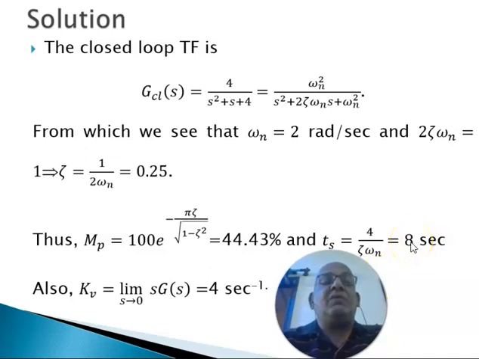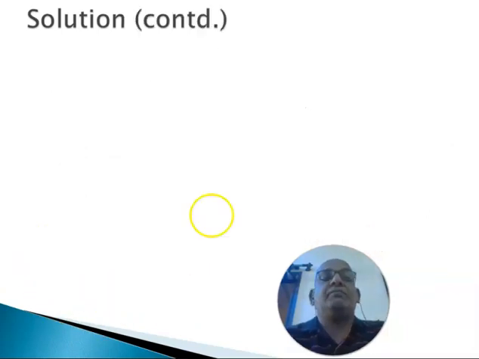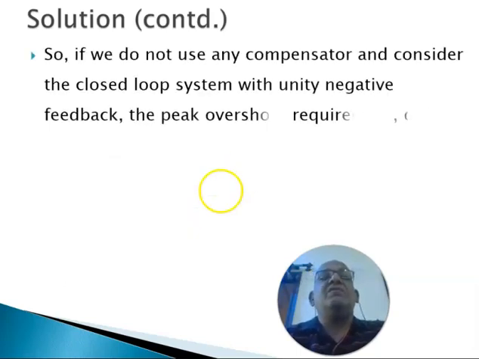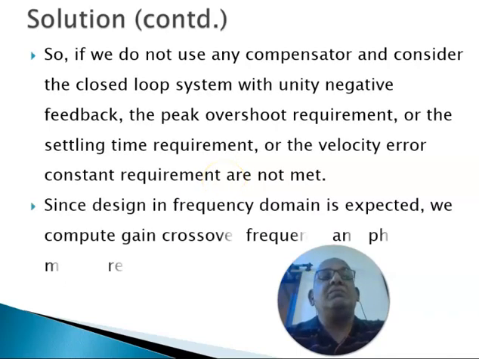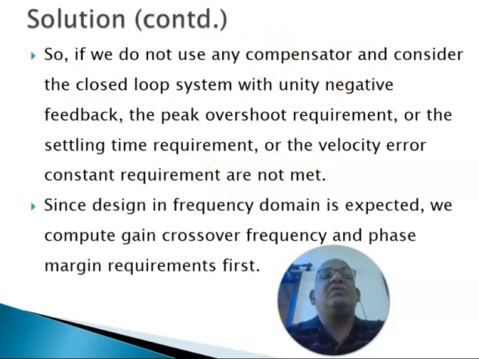The settling time requirement is not met, and the Kv requirement is also not met. Since none of the requirements are met, we need to design a compensator, because if we do not use a compensator and consider the closed loop system with unity negative feedback, none of the requirements are met.